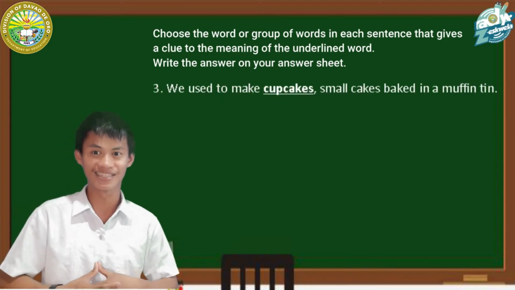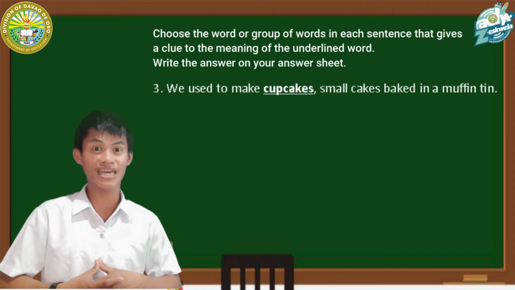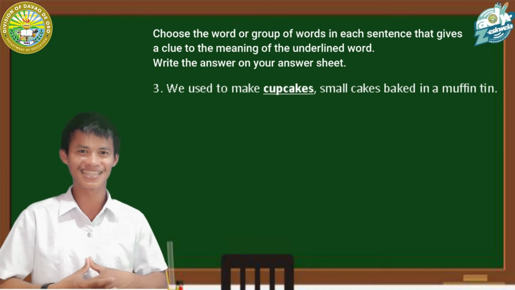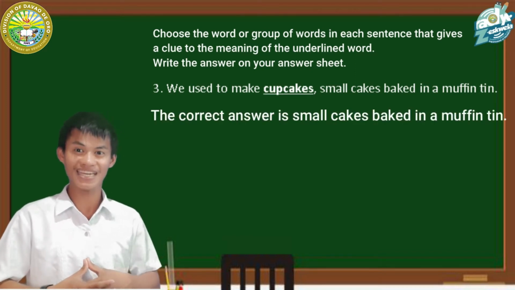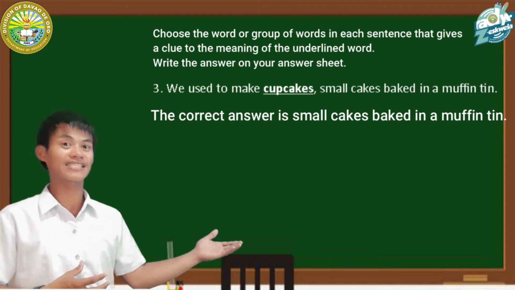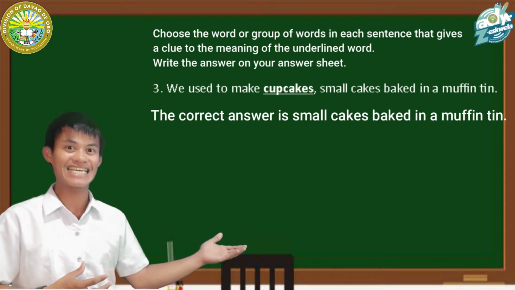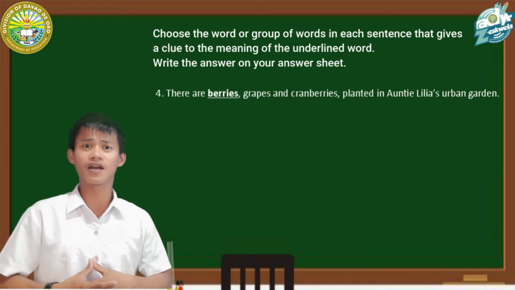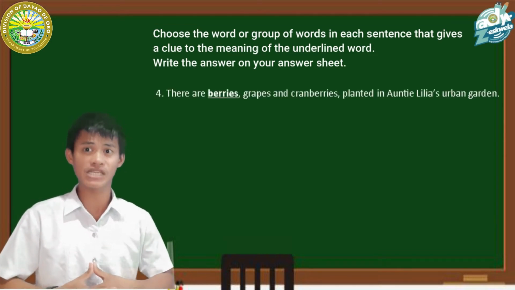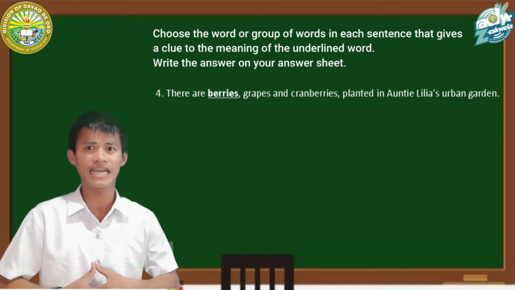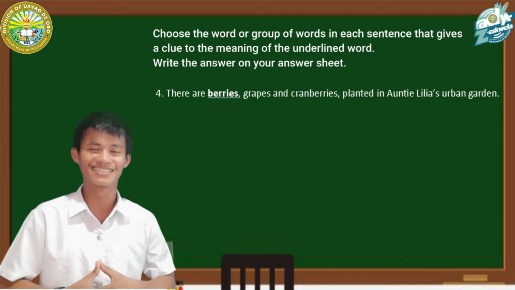Number 3. We used to make cupcakes, small cakes baked in a muffin tin. The correct answer is small cakes baked in a muffin tin. Number 4. There are berries, grapes, and cranberries planted in Auntie Lilia's urban garden.